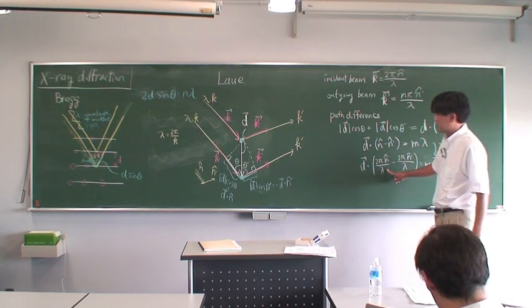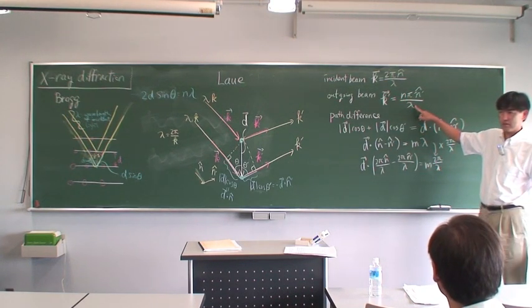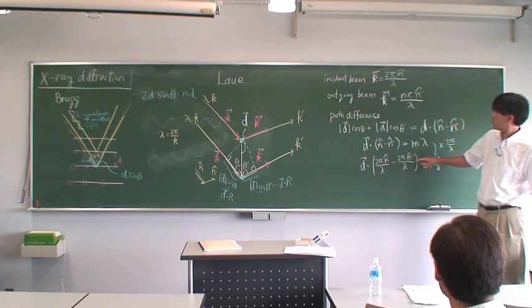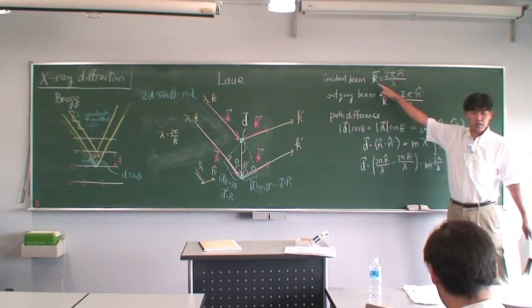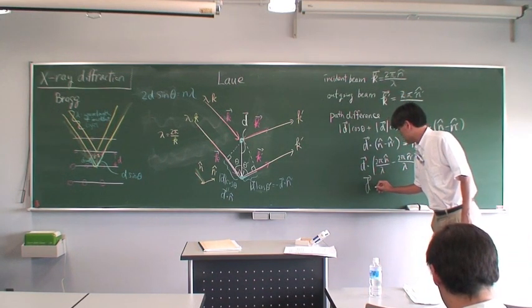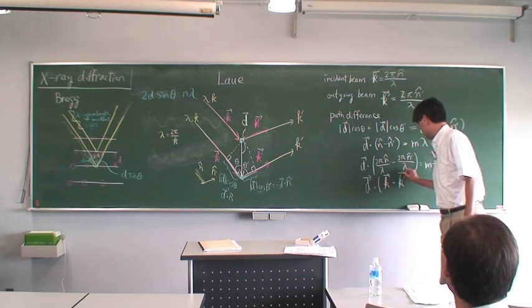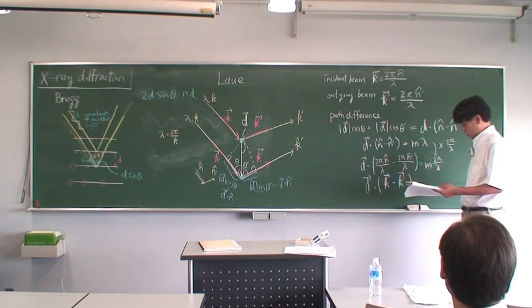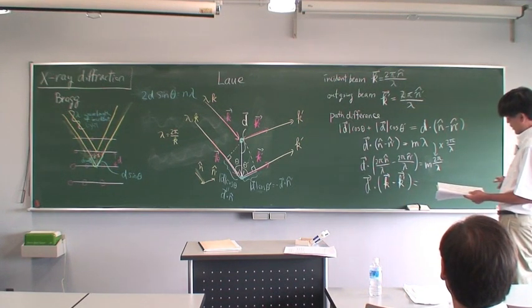If we do so, we get d dot 2 pi over lambda n minus 2 pi over lambda n prime equals m times 2 pi. You see? This is this, and this is this. So if I insert this part here, it becomes d dot k minus k prime equals 2 pi m.